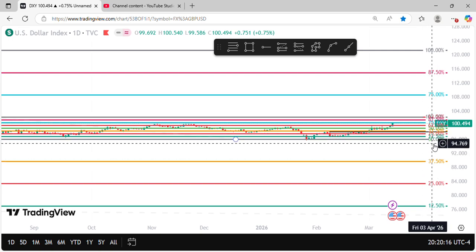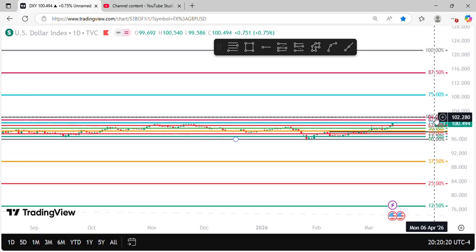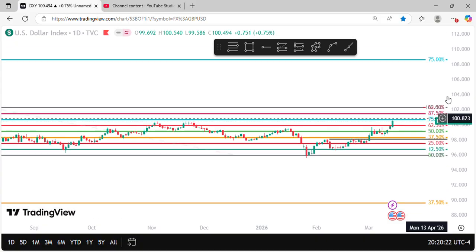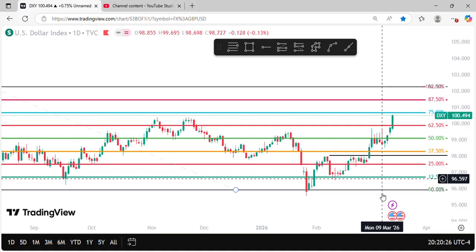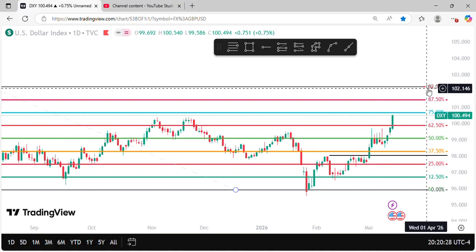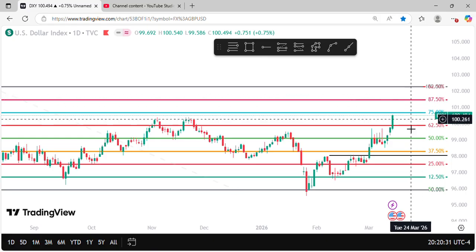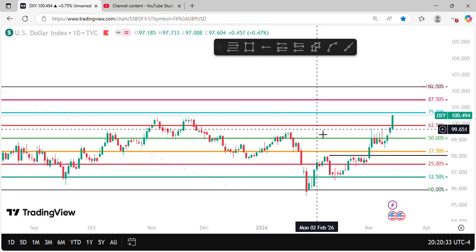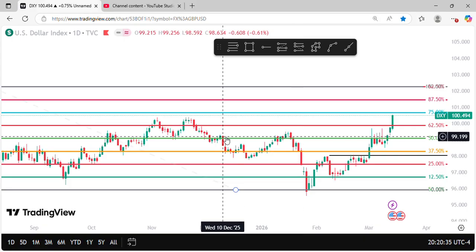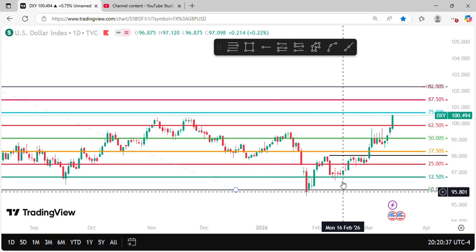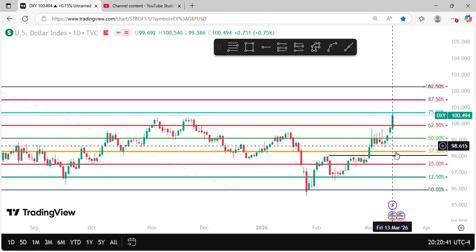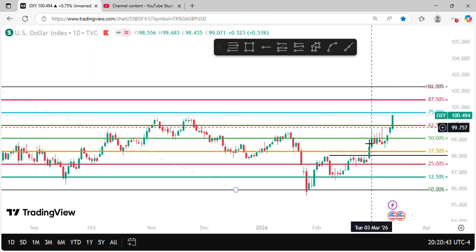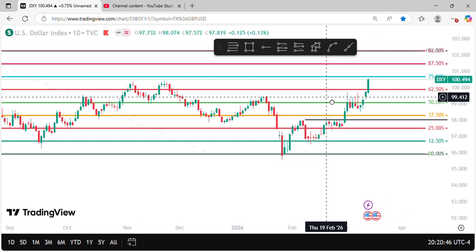This is the 50 DRT level, and then we go to the 62.5. What I have done here is divide the 50 DRT level and the 62.5 DRT level into the various levels that I already have from the high time frame, to see where price could find support or resistance as we move upwards.